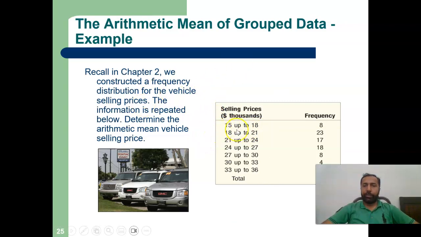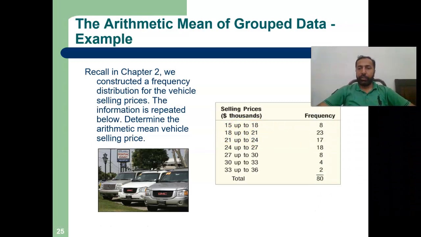The selling price of a car is $15,000 to $18,000, and a total of 8 cars were sold in this range. In the price range of 18,000 up to $21,000, 23 cars were sold, and so on, until the last range from 33 to 36,000, where 2 cars were sold.